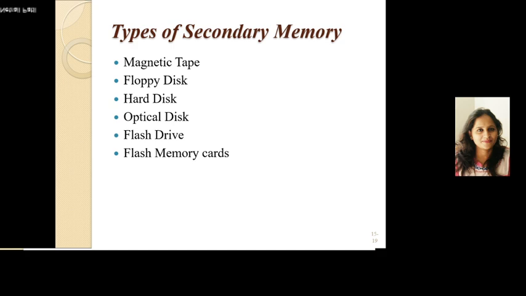There are three basic types of optical disc: read-only optical disc, write once read many optical disc, and read-writable optical disc. Two main types of optical disc are CD and DVD.